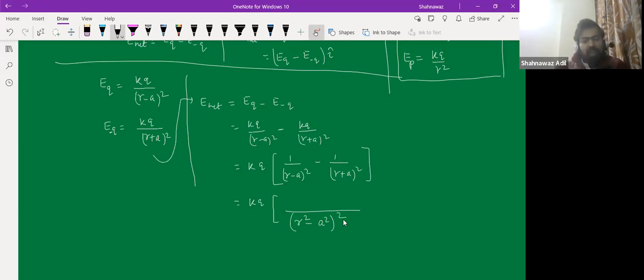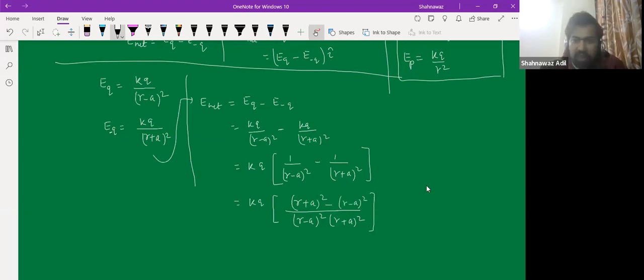Right. Yes, sir. I have eaten up one step, so let me write that step before. This is R minus A whole square, this is R plus A whole square. Because the power is same, it will go inside and become R square minus A square. So this is cancelling, and then we have in the numerator R plus A whole square minus R minus A whole square.